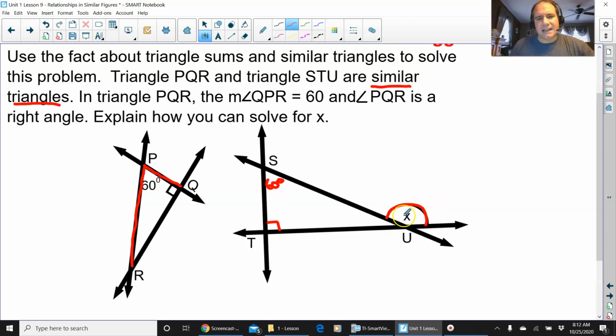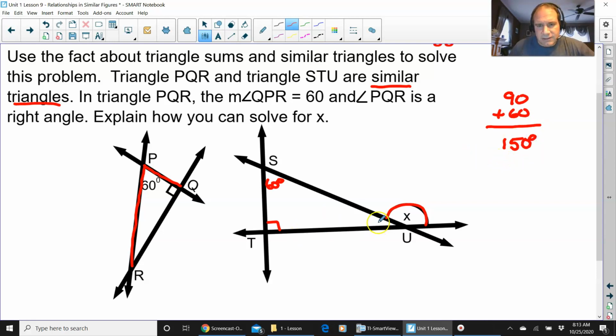I have to find x. So there's one or two ways that I could do this. I could do this by just adding up these two angles right here, 90 plus 60. And if I get that, that's 150. And since I have to get this angle right here, I could do 180 minus 150.